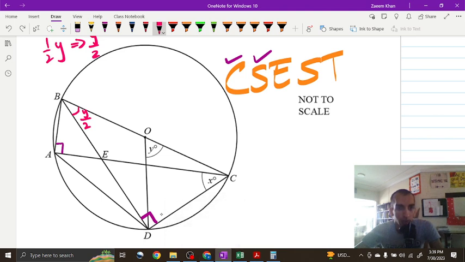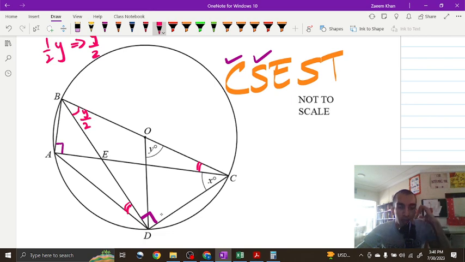B, C, and A, D, E. B, C, E, and A, D. Shabash. So you're essentially saying this angle is equal to this angle, right? But that doesn't quite help us for now, at least. What you mentioned is correct.